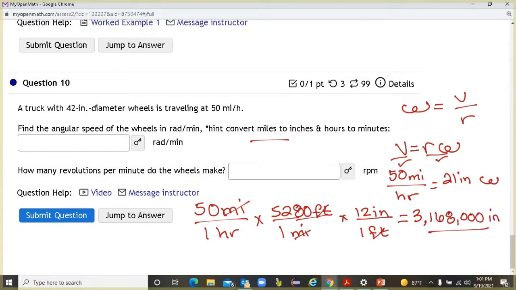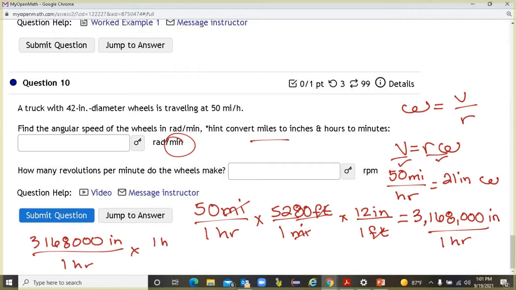inches per hour. Oh, we want to be in minutes. So now we've got to go one more time. Let's convert this over to minutes now. So we've got 3,168,000 inches over 1 hour. We could have done this all in one if I had had more paper here.